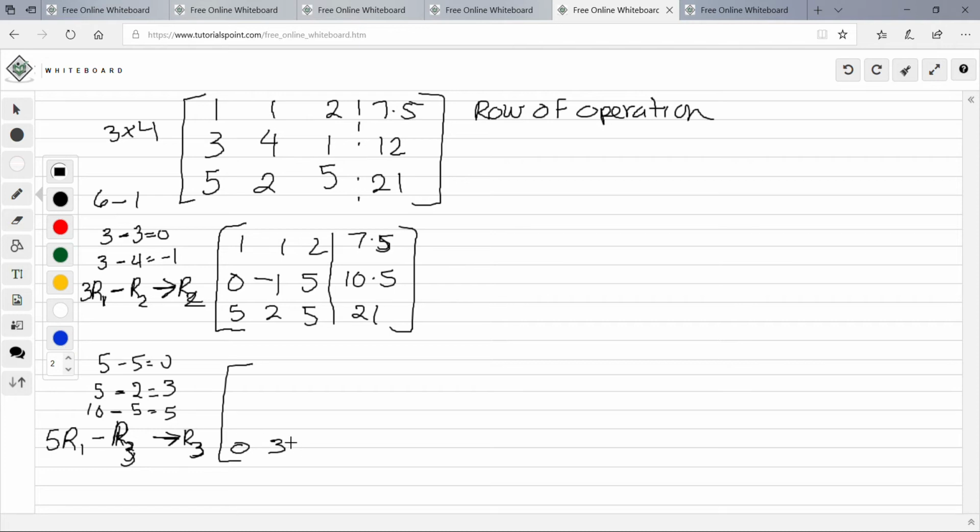So this is 5. And you keep on going until you get to the last column, and the last column should be 16.5. And then just bring down the original rows. So this is a 0, negative 1, 5, 10.5, 1, 1, 2, 7.5.